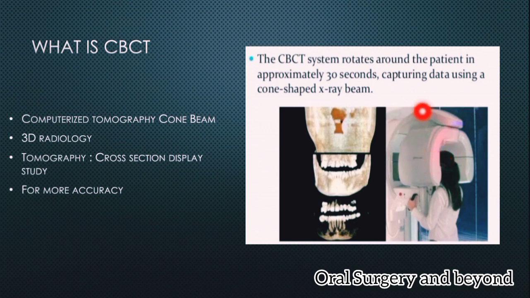What is DICOM data? We are going to see in future slides. The data collected by this machine is sequenced by the computer software and gives the view in three different directions.